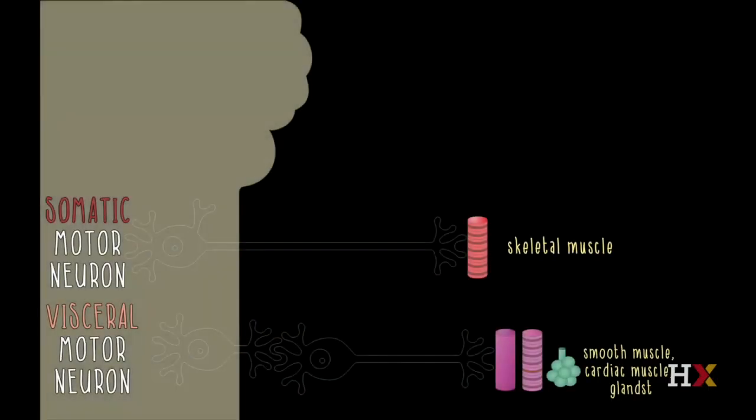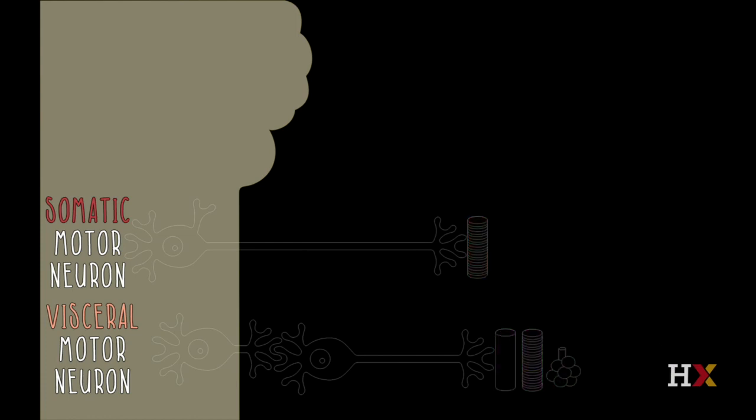So, starting with the targets, again, the somatic motor neuron will be traveling from CNS to skeletal muscle. And the visceral motor neurons will be traveling to smooth muscle, cardiac muscle, or glands. So the impulse will begin in the central nervous system. On the central nervous system side, adorning the surface of the nerve cell body will be dendrites.